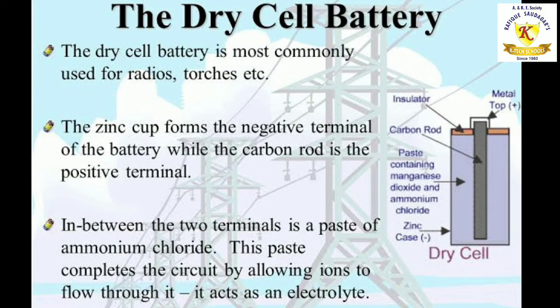A dry cell. The dry cell battery is most commonly used for radios, torches, etc. The zinc cup forms the negative terminal of the battery while the carbon rod is the positive terminal. In between the two terminals is a paste of ammonium chloride that completes the circuit by allowing ions to flow through it.